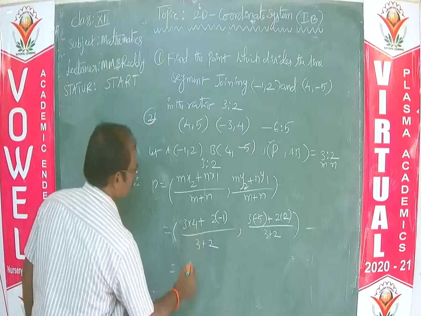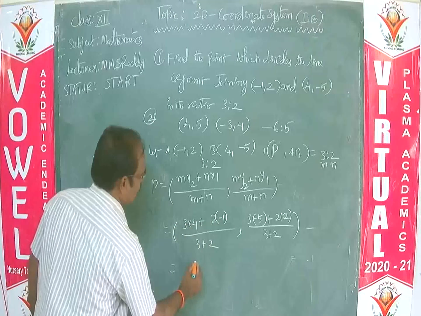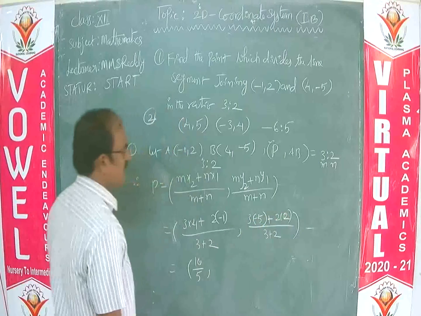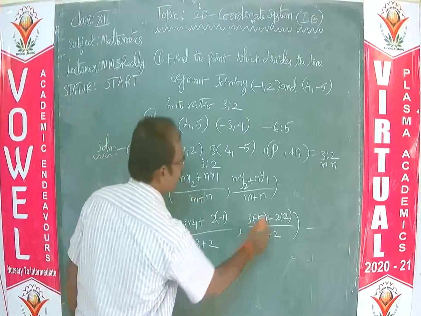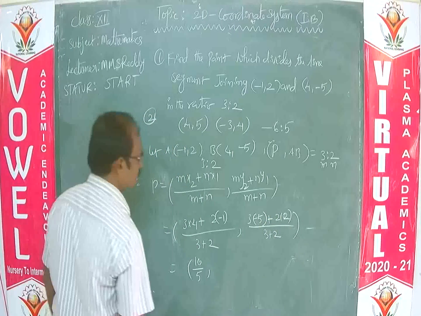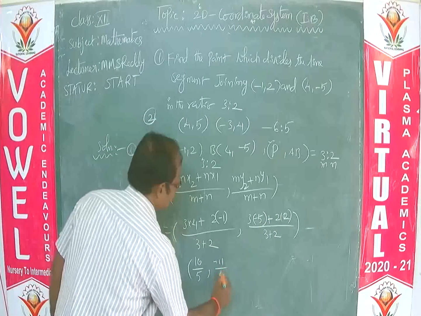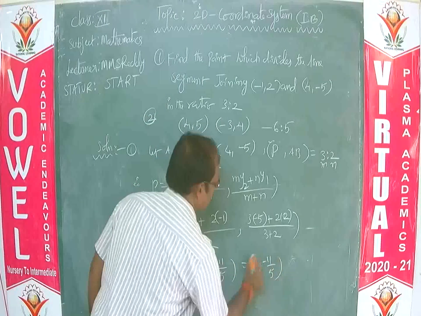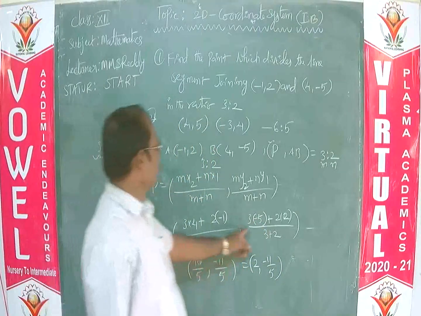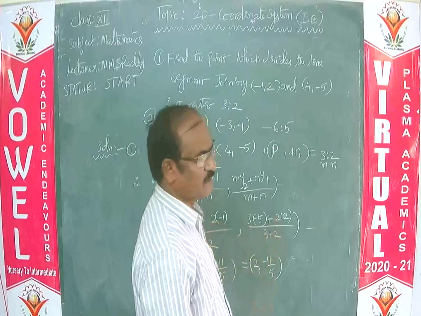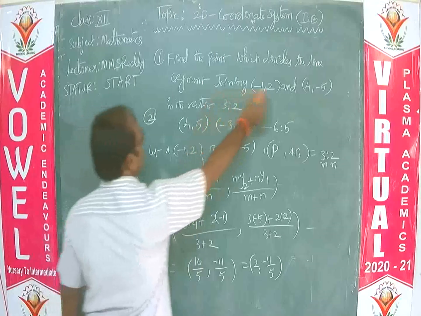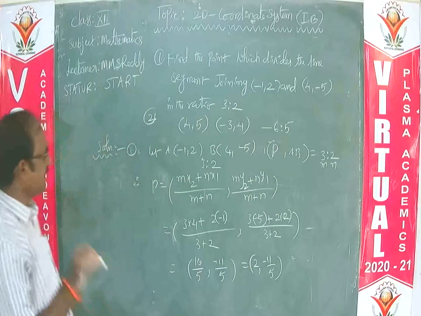That is equal to (12 minus 2) by 5, (minus 15 plus 4) by 5, that is (10 by 5, minus 11 by 5), which equals (2, minus 11 by 5). Here is the point which divides the line segment joining A and B internally in the ratio 3:2.